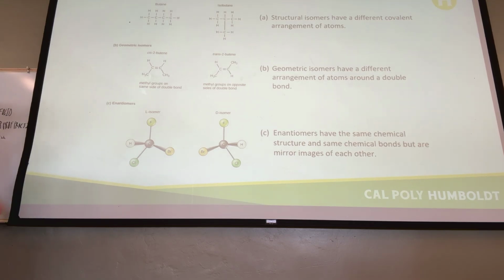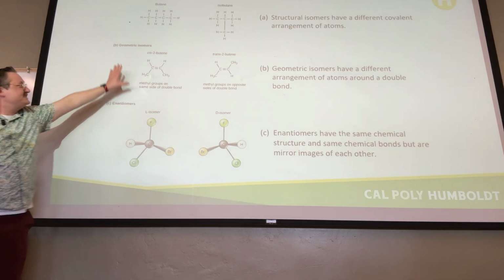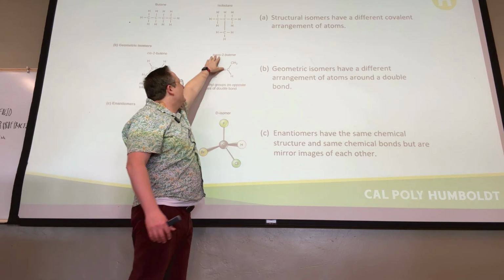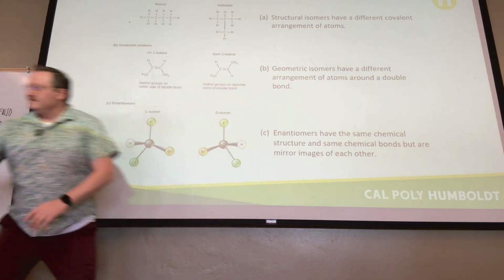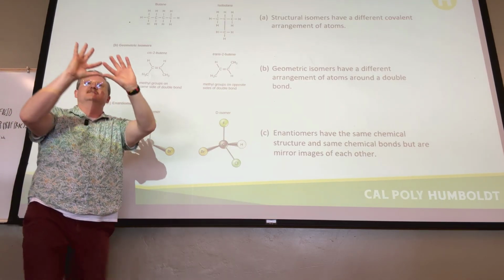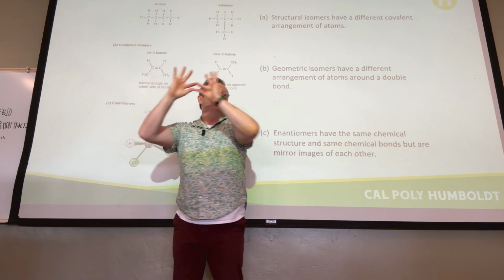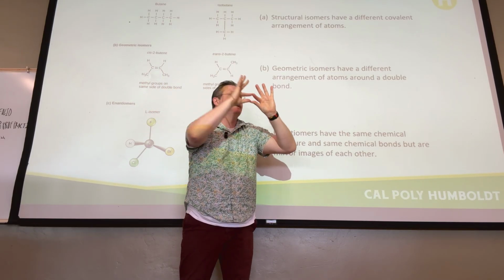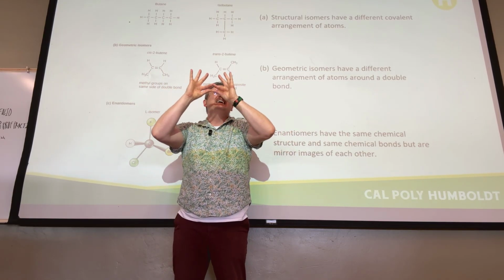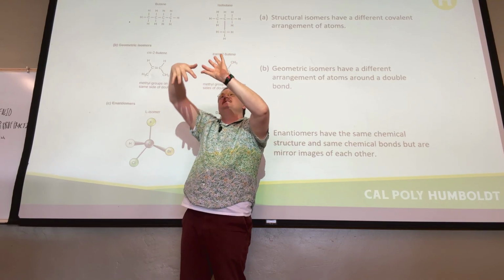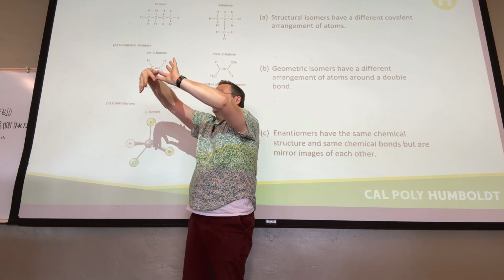You can take a look here on the actual slide as well. So, cis means same, trans means opposite as a prefix here. So in a cis isomer, the opposite sides of the double bond are mirror images of one another. They're the same, okay? In a trans isomer, the opposite sides of the molecule across the double bond are opposite, all right?